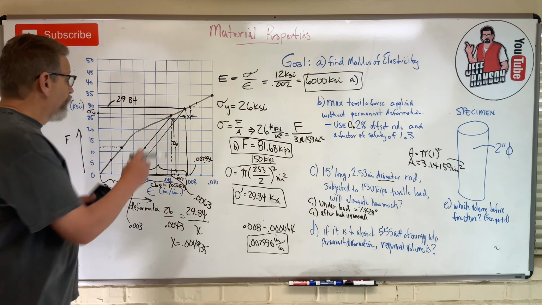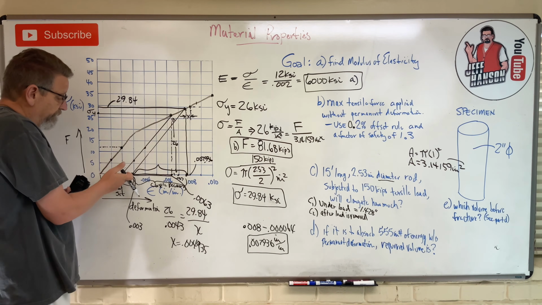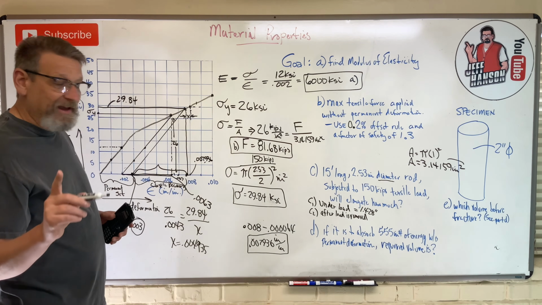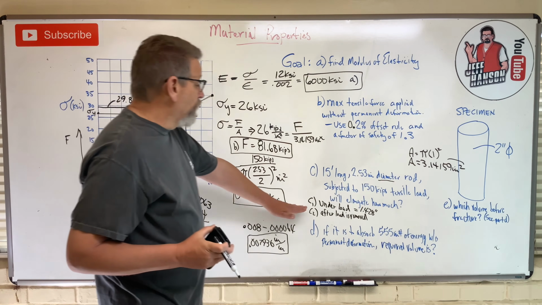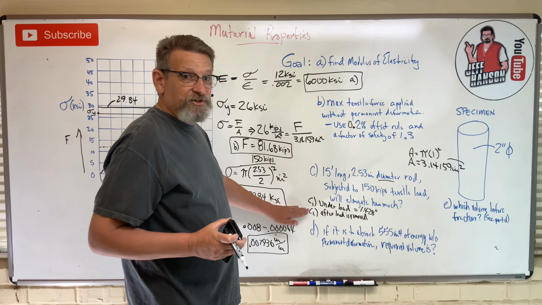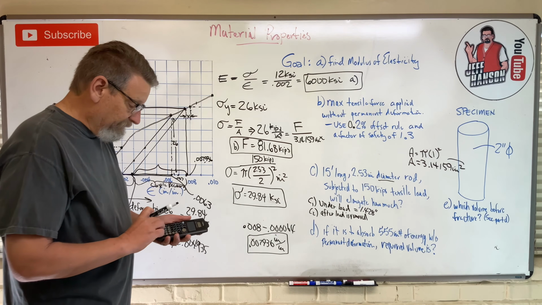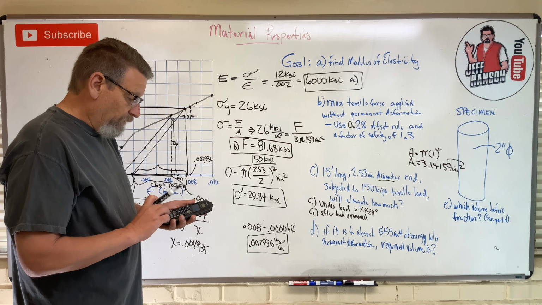So once I take the load off of it, it's going to permanently recover to that number right there, okay? But again, that's in inches per inch. So after the load is removed, how much is the permanent deformation going to be? Well, it was 15 feet times 12 inches, right?